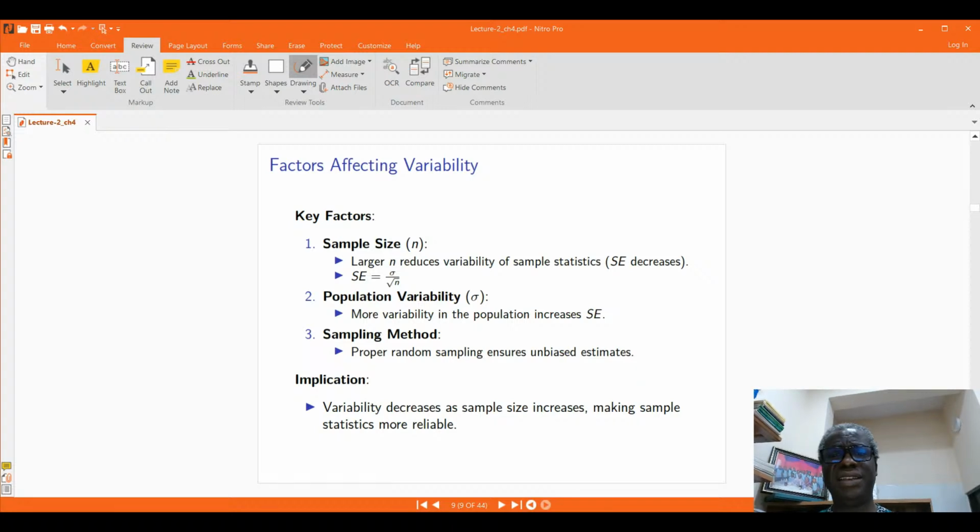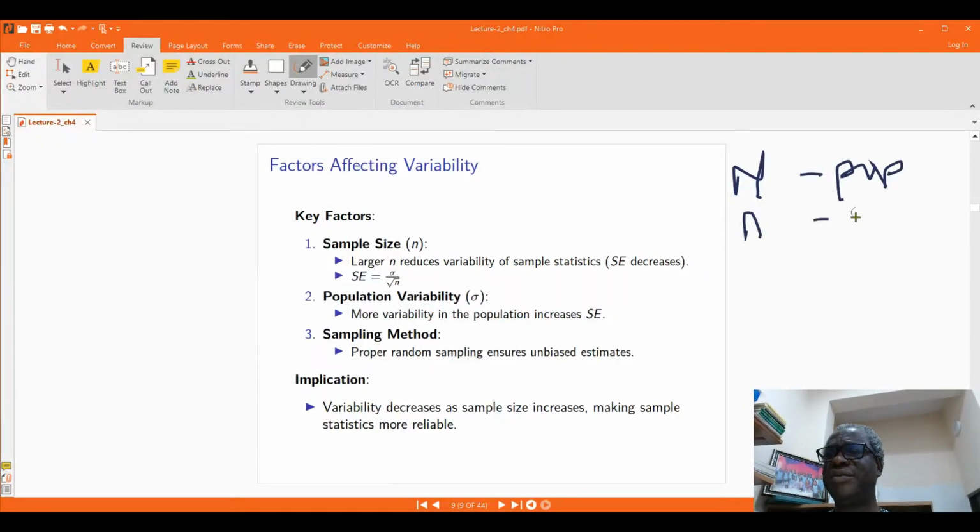The sample size is small n, while big N is used to represent the population size. So capital N refers to the population size, and small n refers to the sample size.